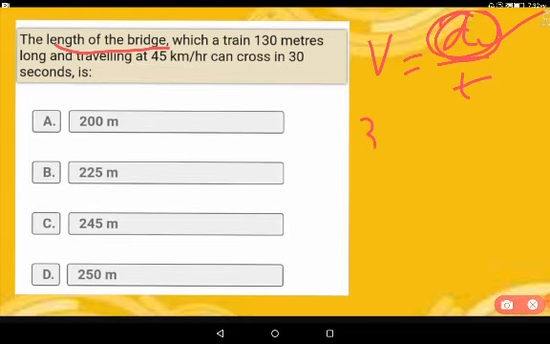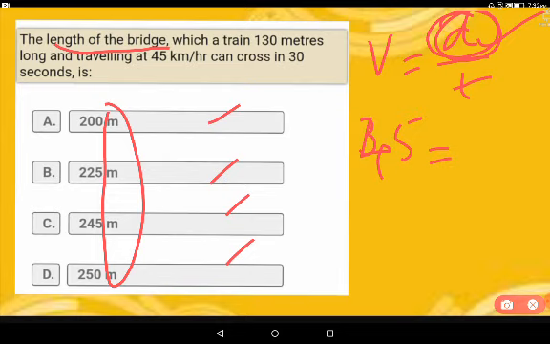So the speed is 45 kilometer per hour, and you should also check the unit given in the options. It is in meter, so we should convert this 45 kilometer per hour into meter per second, and that will be 5 by 18.